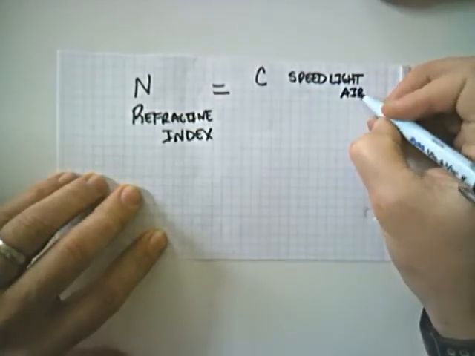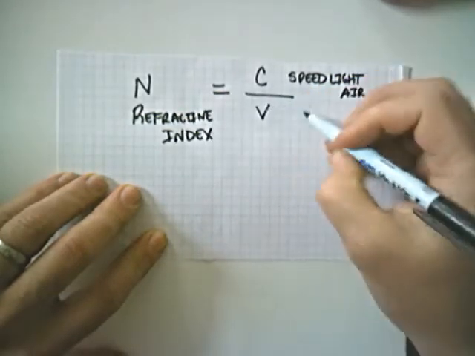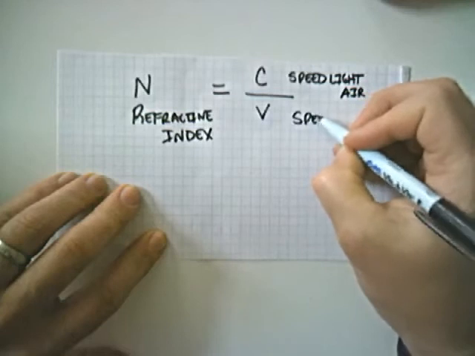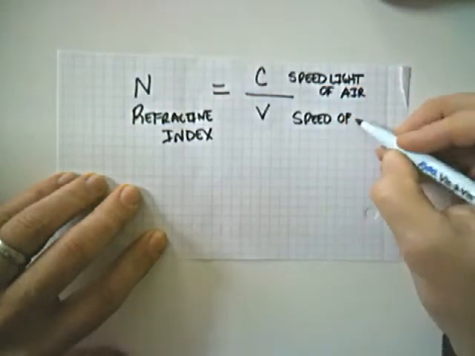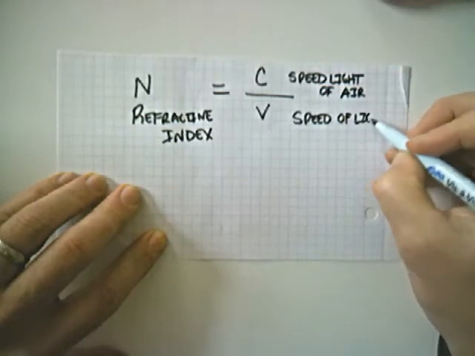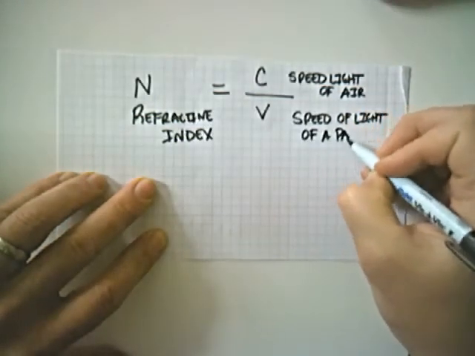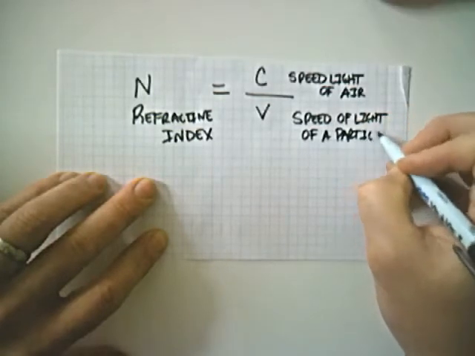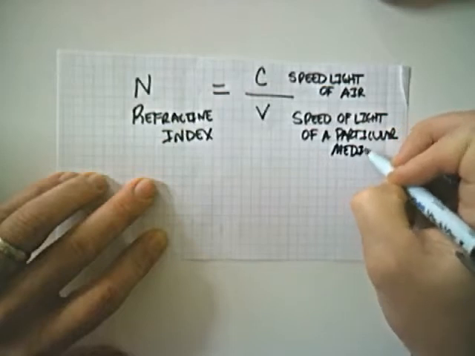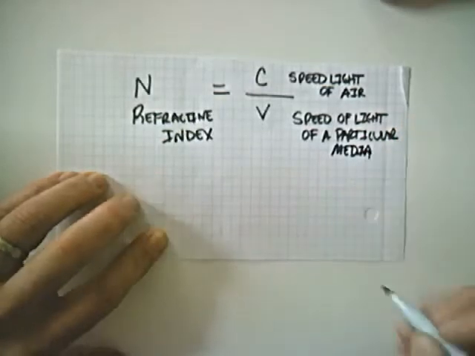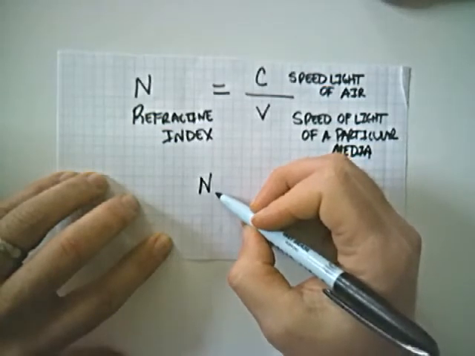So we're just going to say air, and we're going to divide it by the speed of light of a particular media. It could be lots of different things. Here are some things that would have N values, things that light can get through. Well, light can also get through water.